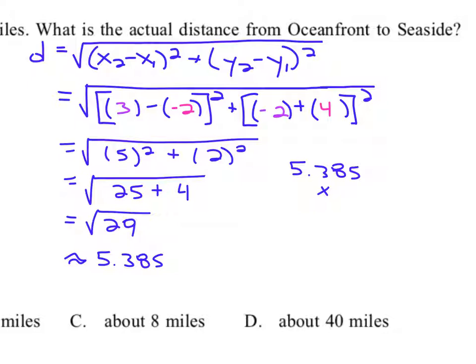They told us that it's 5 miles for every unit, so I multiply it by 5. 5.385 times 5 is about 26.925, when we multiply it by the 5 miles to the unit.